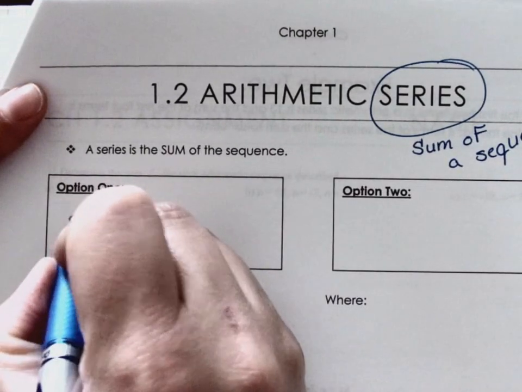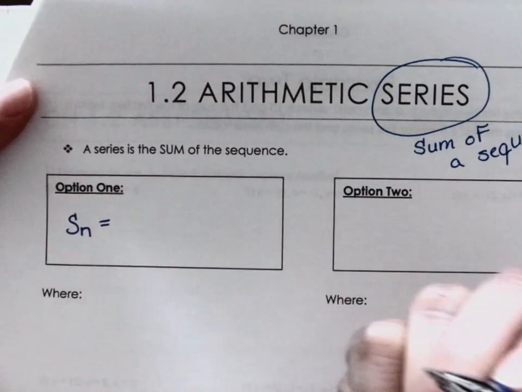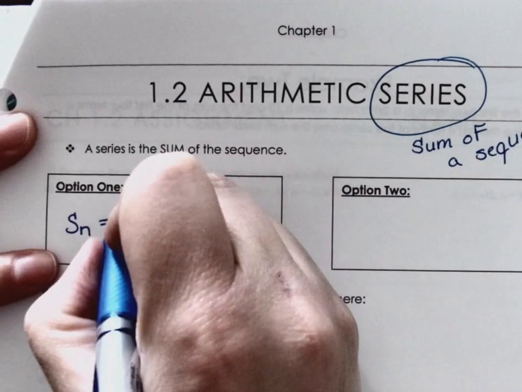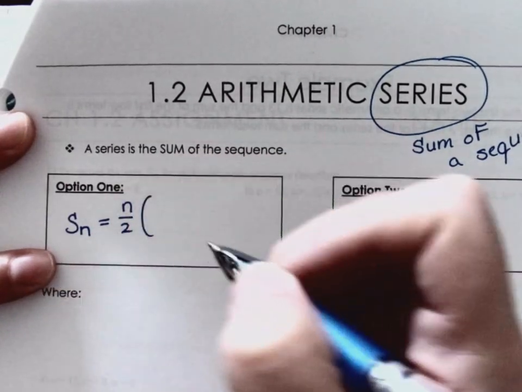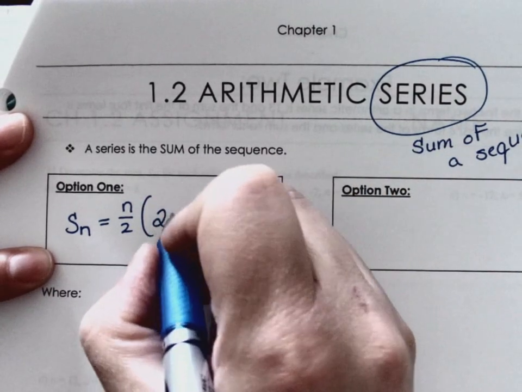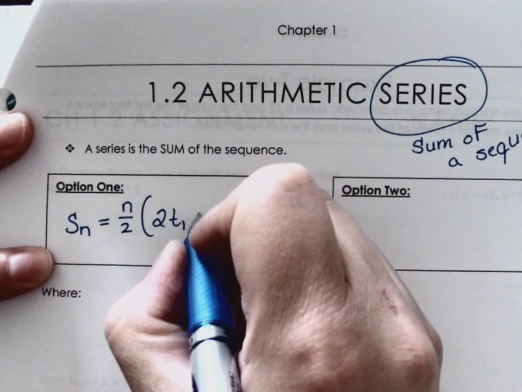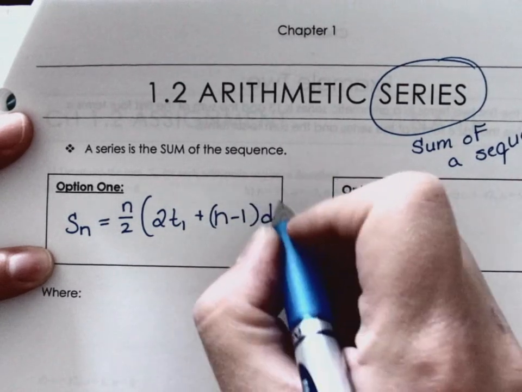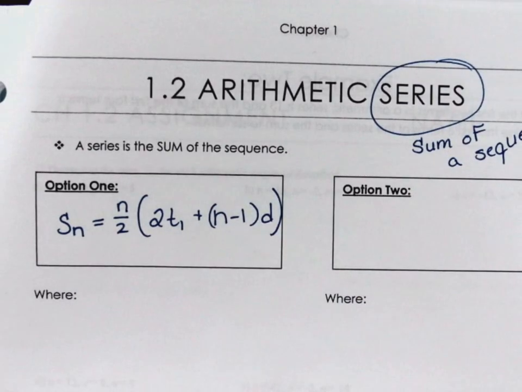So the series starts with the letter S. So the series is n divided by 2, and that is T1.